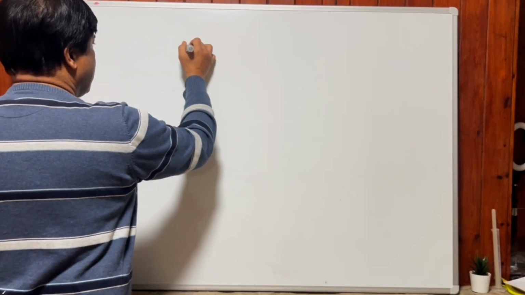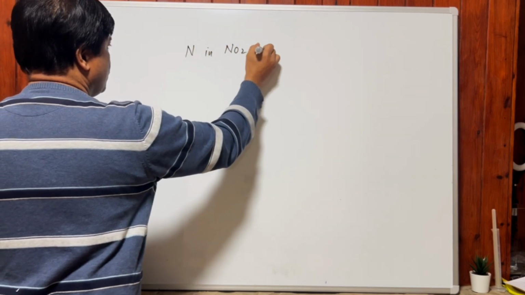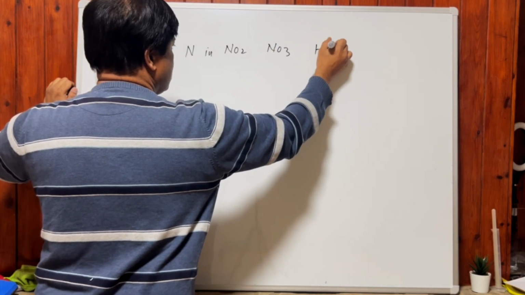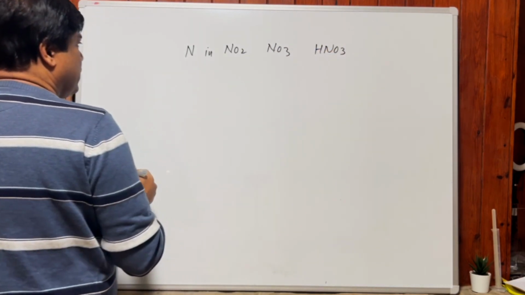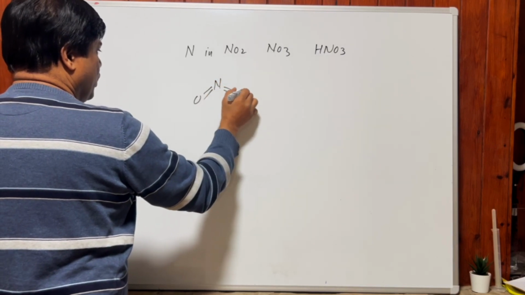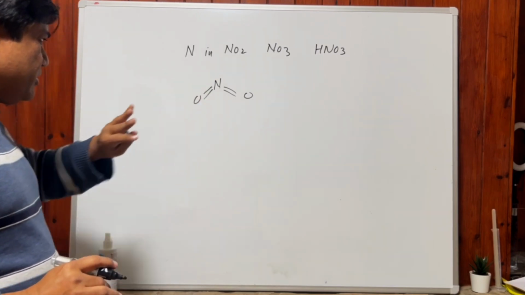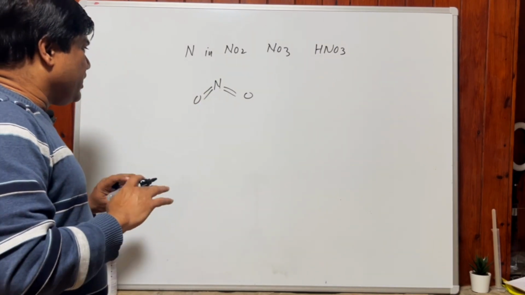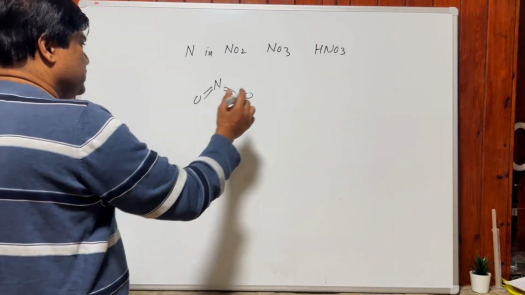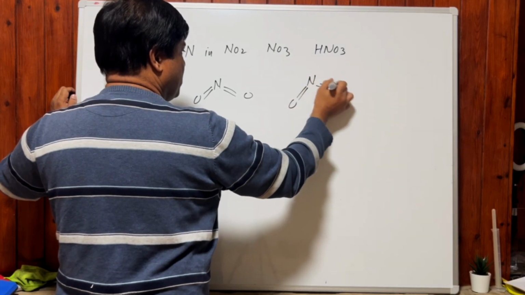Oxidation state of nitrogen in NO2, NO3, HNO3. NO2: N double bond O, double bond O. I know nitrogen cannot form 4 bonds, but for the time being, just think it forms because it has a dative bond. Just ignore the point.